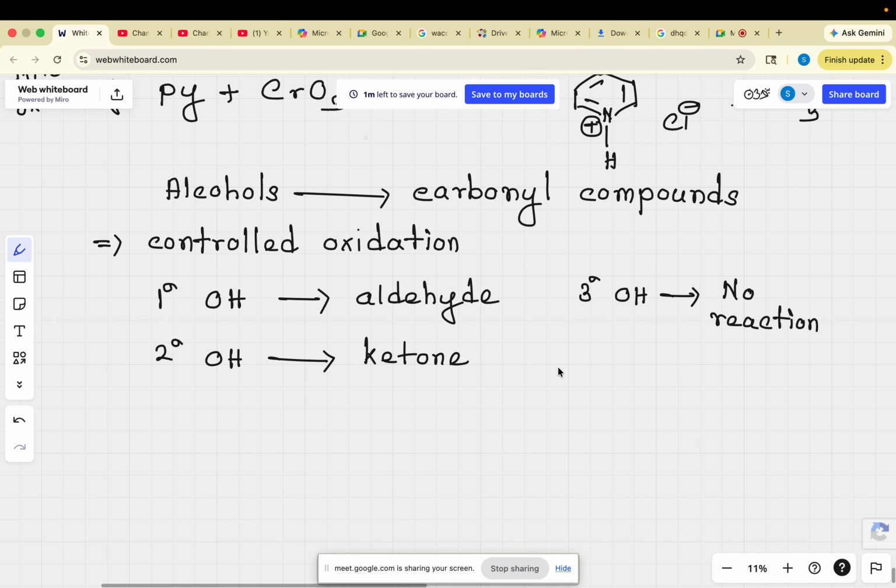Another thing: this is a 3 degree allylic alcohol. At that time we will get a ketone, and this is basically a pericyclic reaction, also known as the 3,3 sigmatropic reaction.